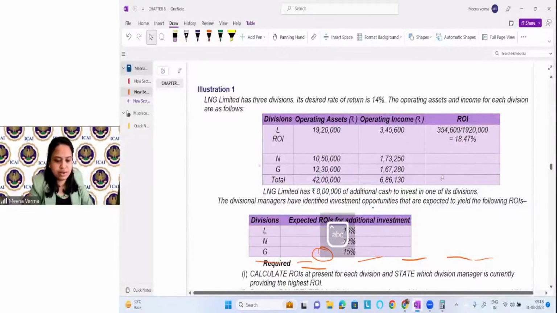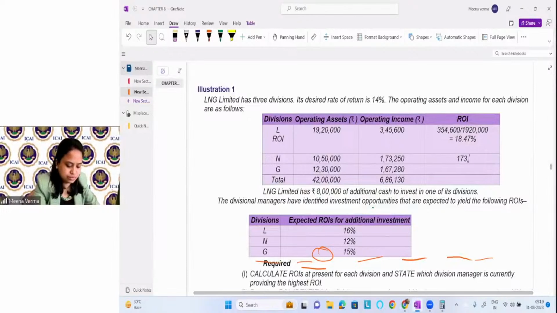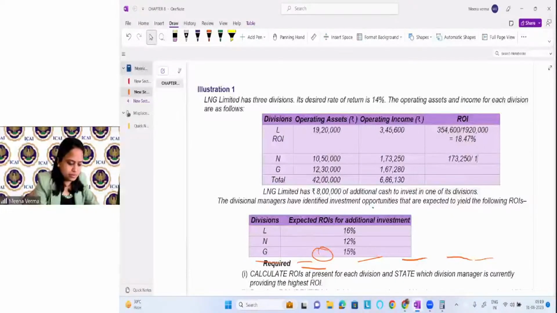This is the ROI, right? Now let's see the next one. We have considered the operating income, then divided it by the investment.